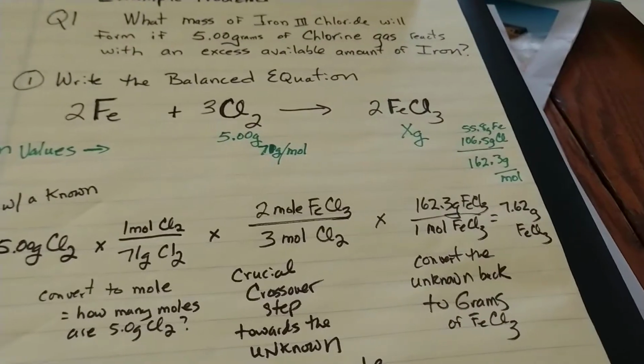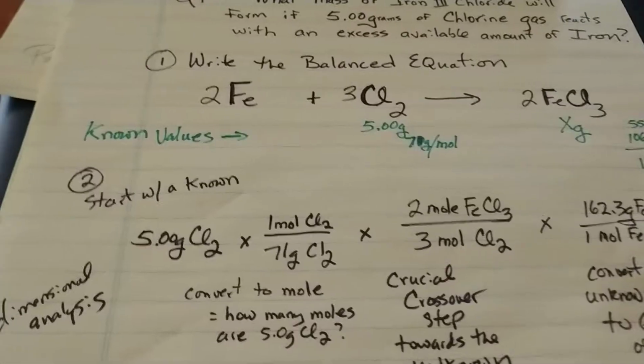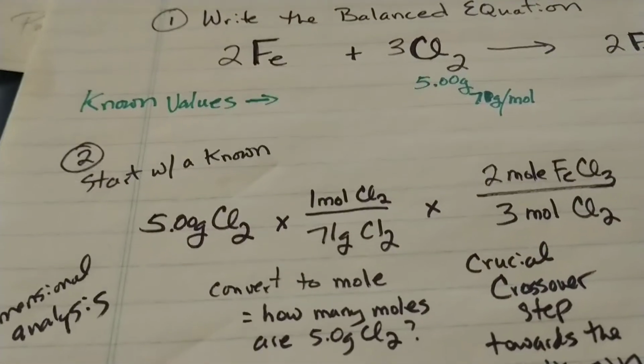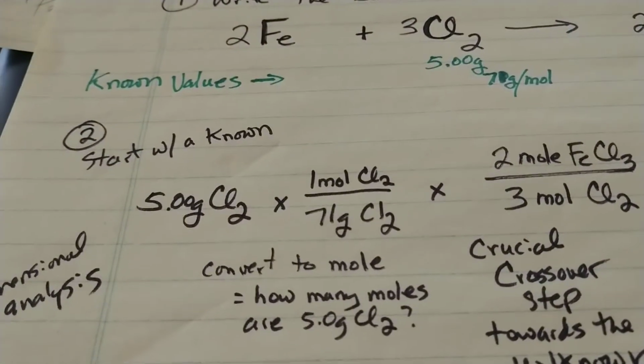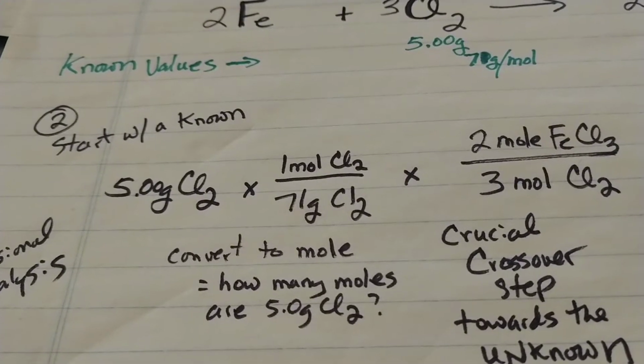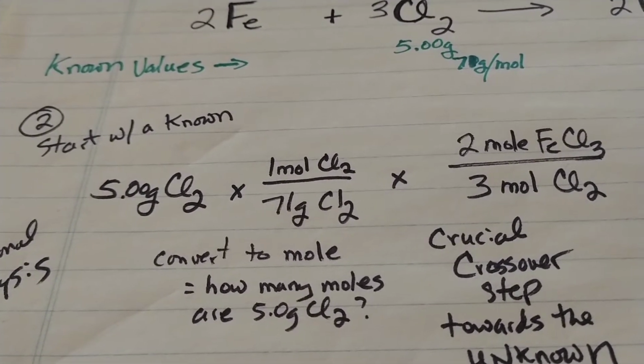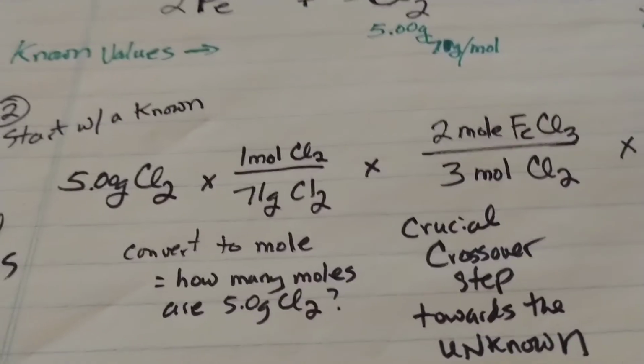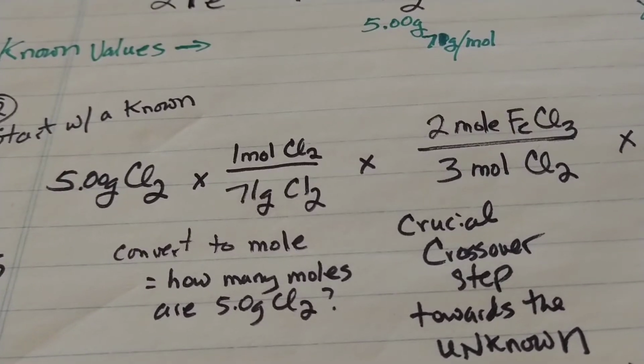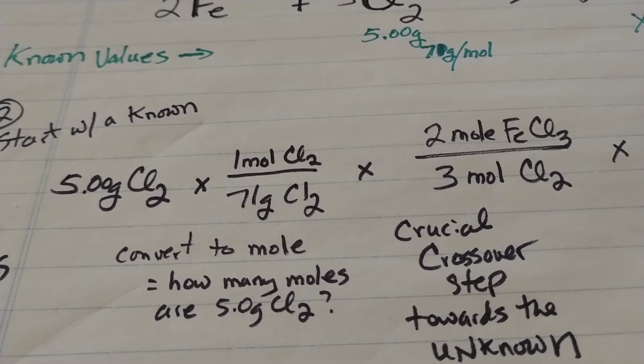Now we go down to the stoichiometry. Start with your known, and you will see that I convert the 5 grams of chlorine gas to the mole. Remember, getting to the mole, you can get elsewhere because you put everything in like units.